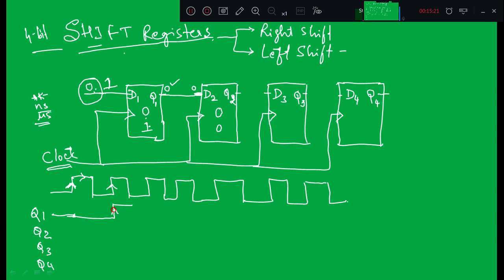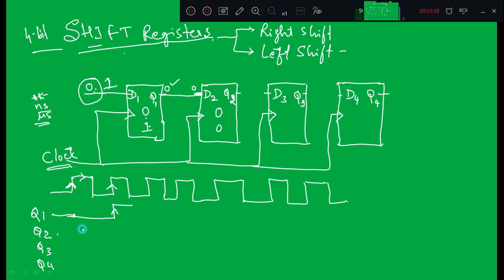So I cannot draw Q2 equal to 1 suddenly, because Q1 will not change suddenly. In that case, the previous value of Q1 will act as input for the second flip-flop.